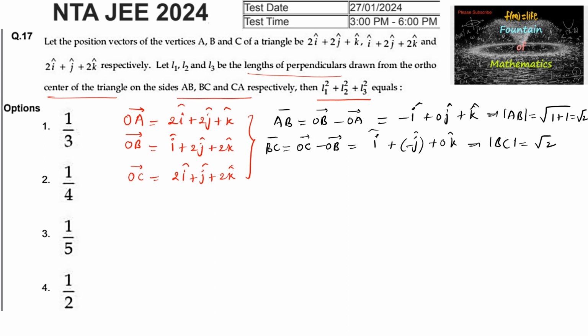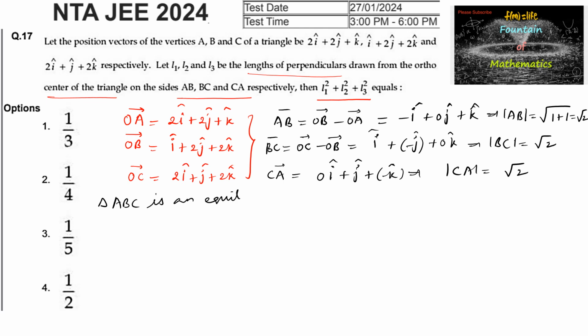And coming to CA, OA minus OC, that is 0i plus j plus of minus k. Here also we can say the mod of CA is equal to root 2. So clearly we can say that triangle ABC is an equilateral triangle.